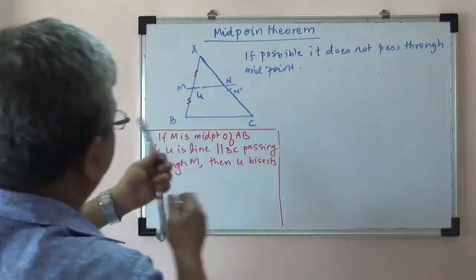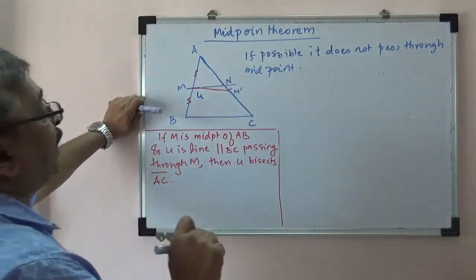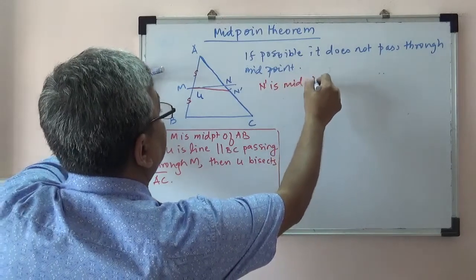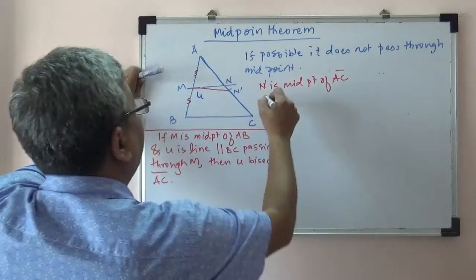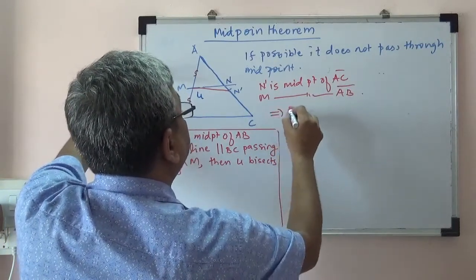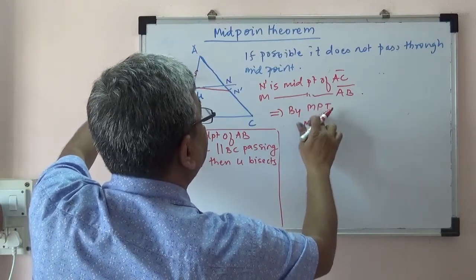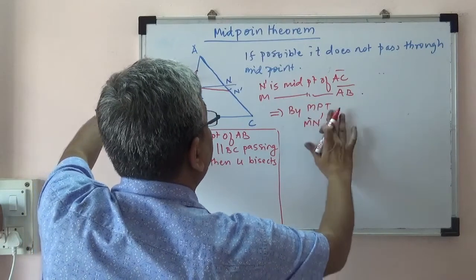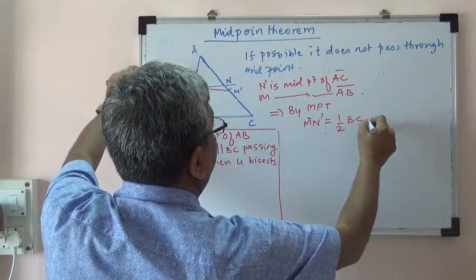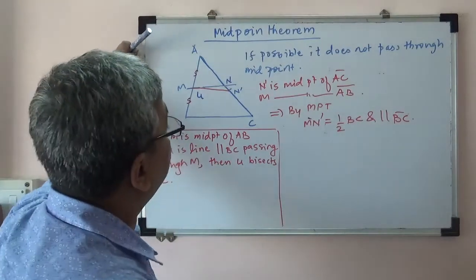But then I can always join M and N dash. Now N dash is the midpoint of AC and M is the midpoint of AB. Therefore, by the midpoint theorem, MN dash is equal to half BC and parallel to BC.